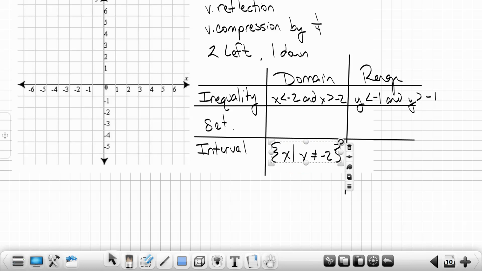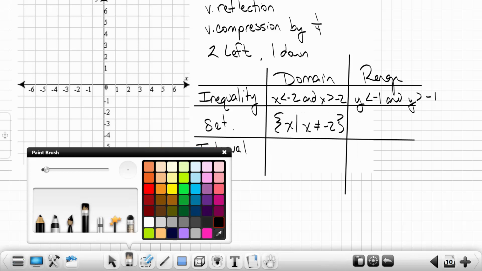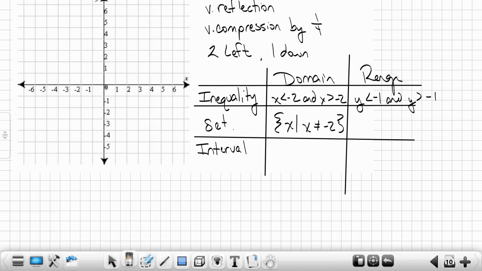Good job, Josiah. Interval is what you guys considered the easier one in the past. So that one just has the brace. We define the letter we're talking about, we put that such that bar, and then we know what our y is going to be. Oh, but this one's going to be harder.